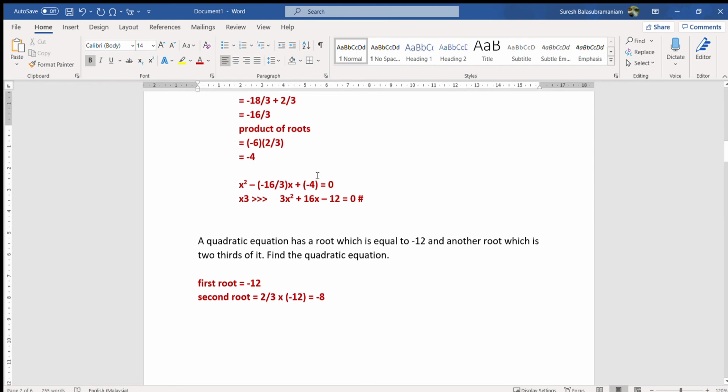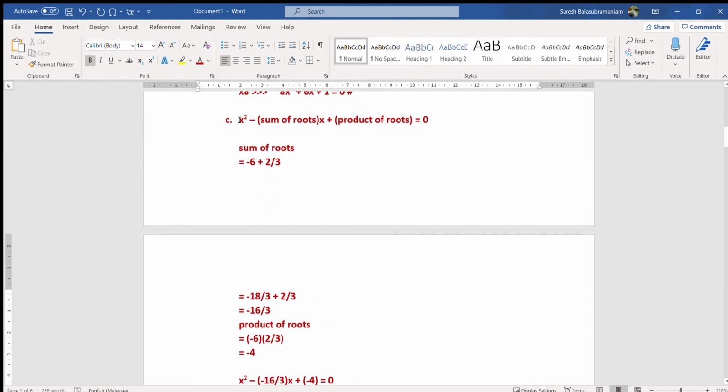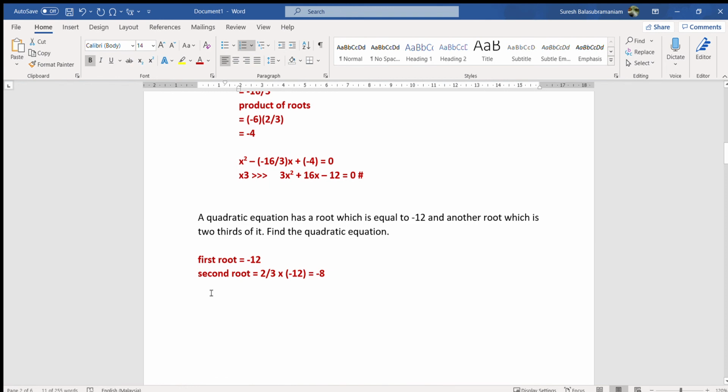What the equation is, I just copy and paste the formula. This is the formula. X square minus sum of the roots x plus product of roots equals to 0. So in this case, x square minus sum of the roots will be, oh, I haven't done the sum of roots, but okay, I'll do it straight in the equation.